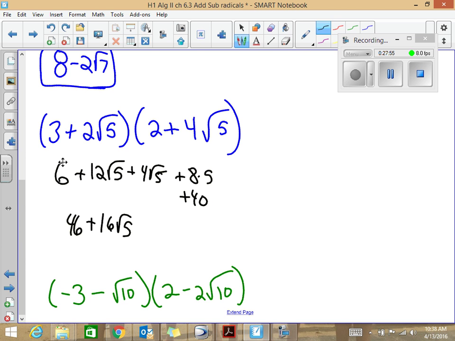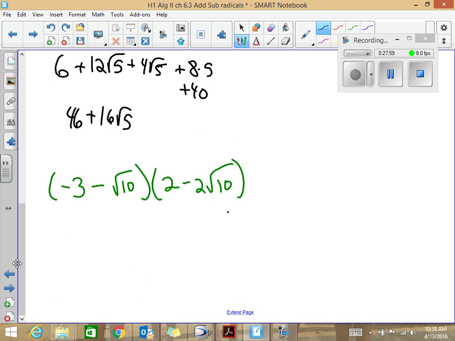Okay? Now I'll do this last one together real quick. So negative 3 times 2 is negative 6. Negative 3 times negative 2 radical 10 is positive 6 radical 10. Negative radical 10 times 2 is negative 2 radical 10.